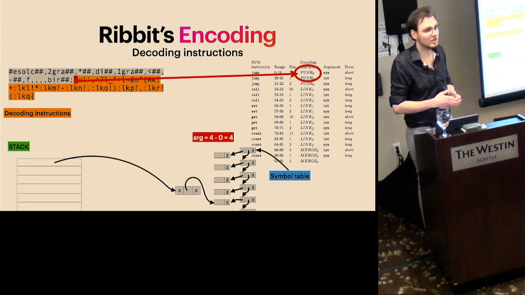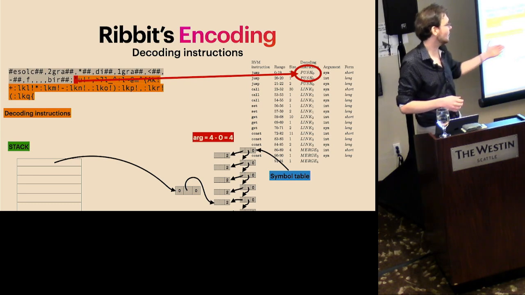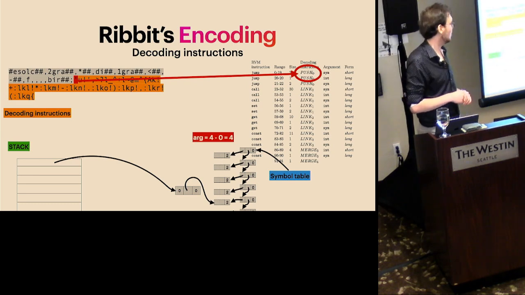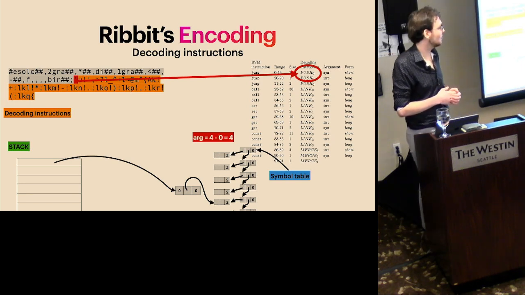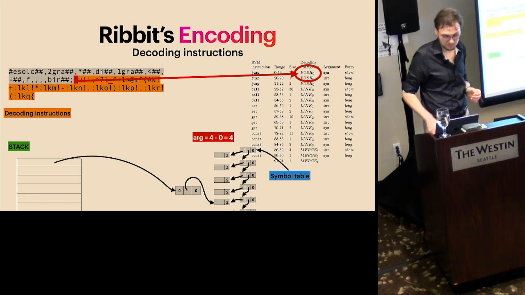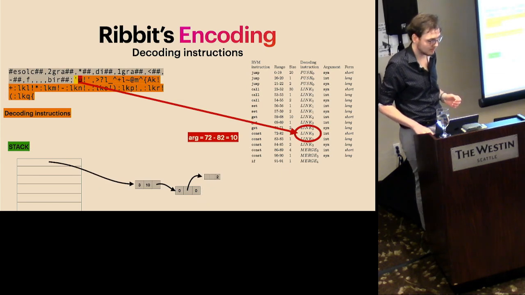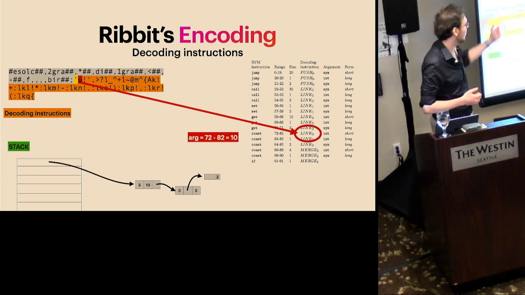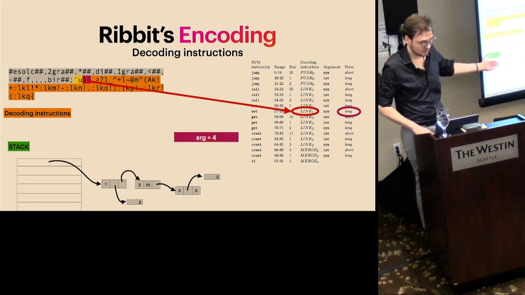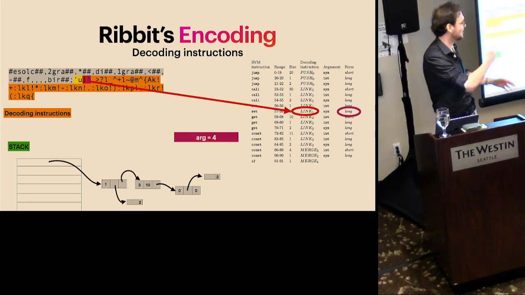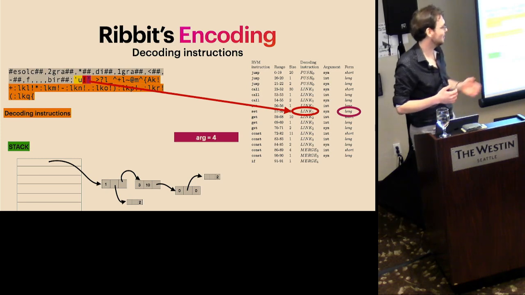The first one is a push instruction, so we add a new rib onto the stack. This rib links to a value in the symbol table. And while doing this process, here we have another instruction that creates another rib, and here another instruction, again linking the rib.